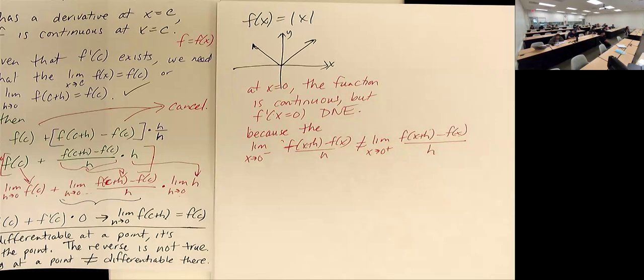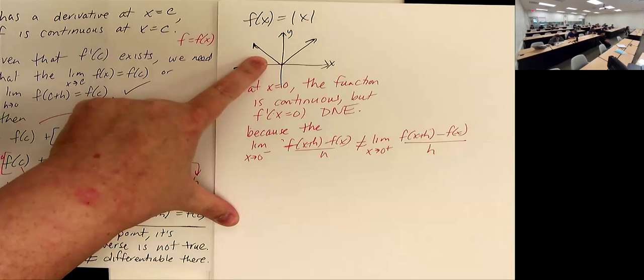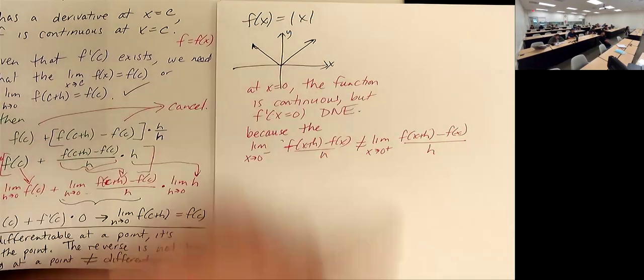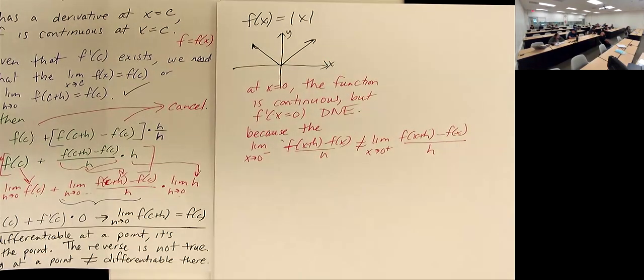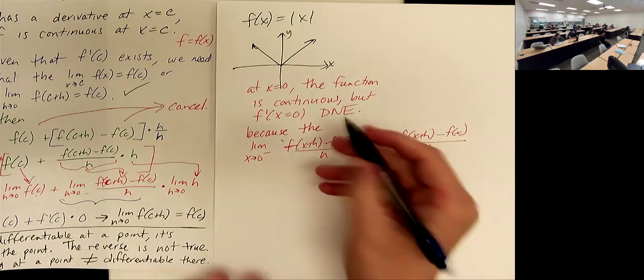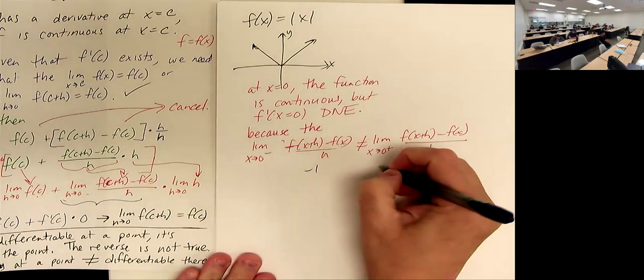Because the slope here is -1 and the slope here is +1, so -1 does not equal +1.